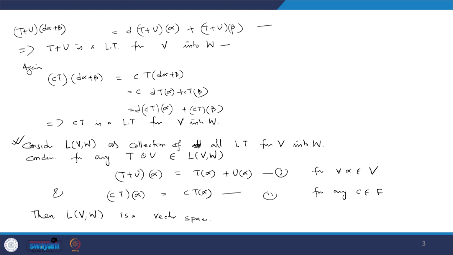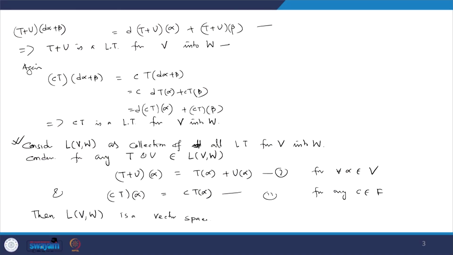Now, my collection L(V, W) here is basically the collection of all linear transformations. This is also a function, but it has special characteristics. It has a special nature. What is that? That each function belonging to L(V, W) is basically a linear transformation. So, this will be a subset of the vector space consisting of all the functions from V to W. You have to show that the set of all these linear transformations will be a subspace of that set.